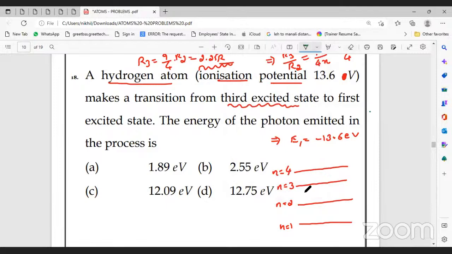If the electron takes a transition from 2 to 1, this is called the first excited state. This is called the second excited state. Then this is called the third excited state.